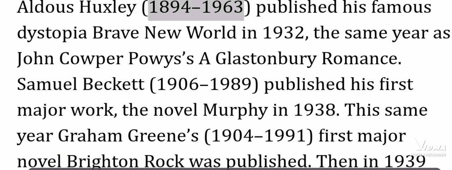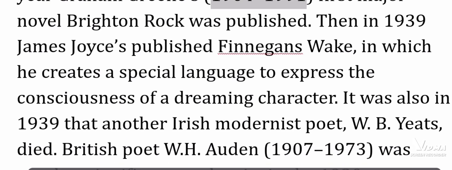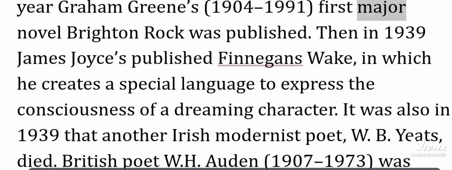Aldous Huxley, 1894 to 1963, published his famous dystopia Brave New World in 1932, the same year as John Cowper Powys' A Glastonbury Romance. Samuel Beckett, 1906 to 1989, published his first major work, the novel Murphy, in 1938. This same year Graham Greene's, 1904 to 1991, first major novel Brighton Rock was published.